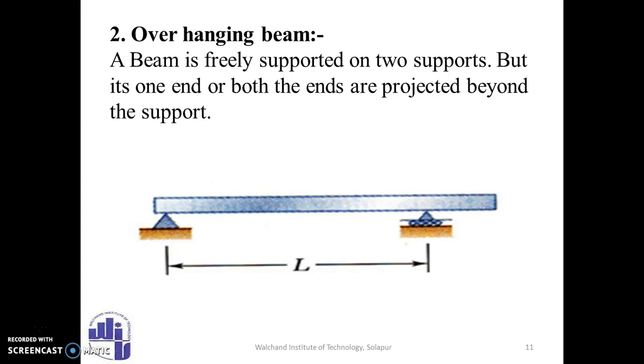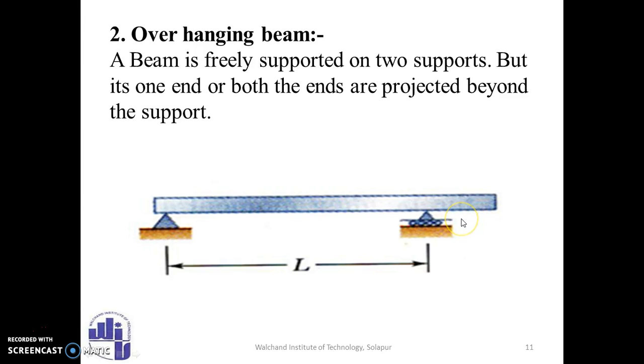Next one, overhanging beam. So see here, now this beam is firmly supported over two supports, but its one end is free from the support. It is projected beyond the support. That's why we call it overhang beam.